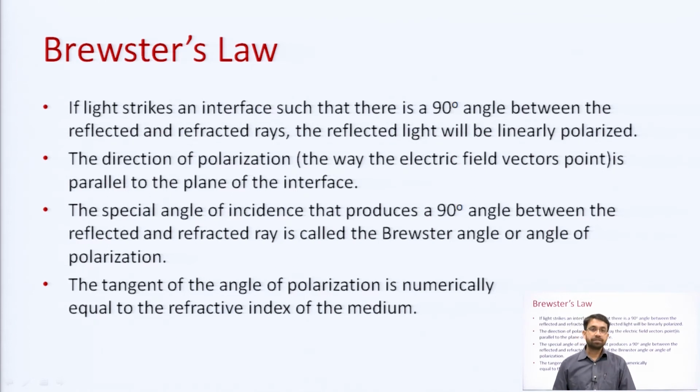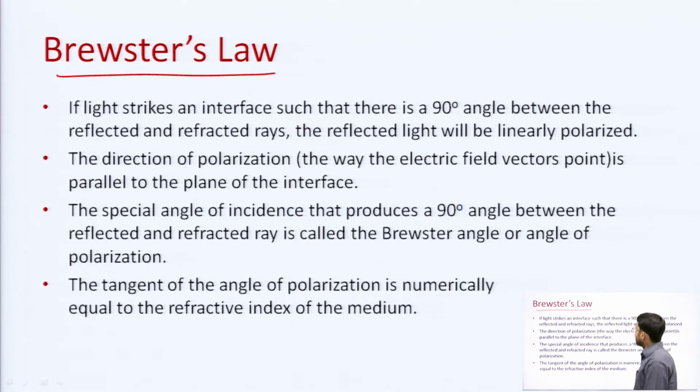So, we have seen that reflected light is partially polarized, but there is a certain condition through which reflected light can be fully polarized, and this condition we will discuss here in Brewster's law.